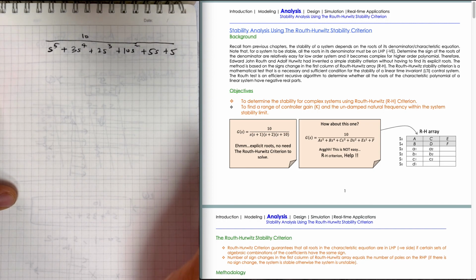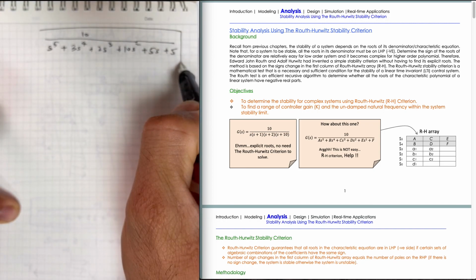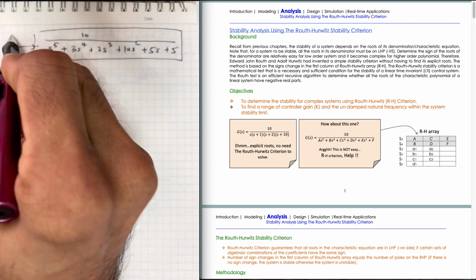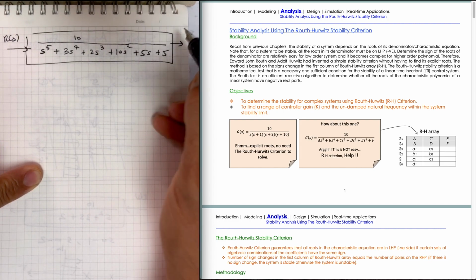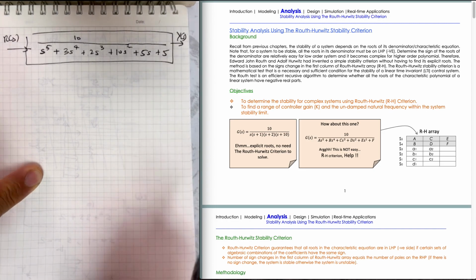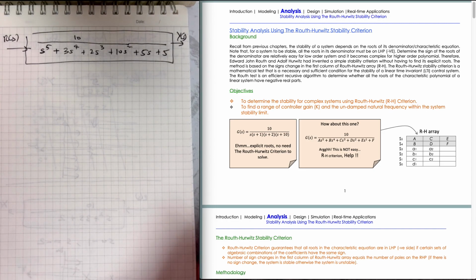This is our system's G(s). Is the system stable or not? We don't know, and it is very difficult for us to calculate the roots. Even a calculator cannot do it. Even if you go to MATLAB, you can determine whether the system is stable or not, but by hand it is difficult, right?